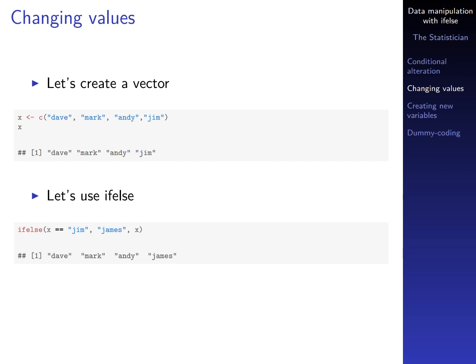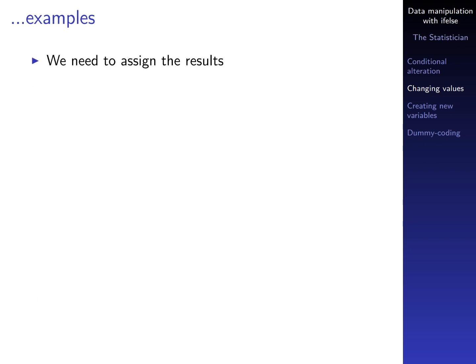Otherwise, keep the original value. And as we can see, now Jim has been changed to James. Remember that ifelse won't save the results, so you have to assign them. And here we have assigned a new vector.